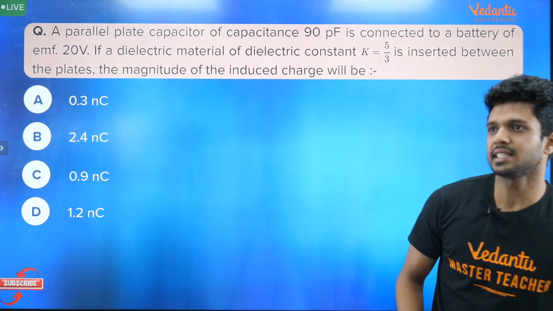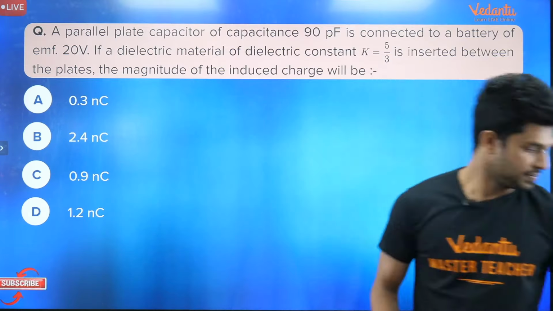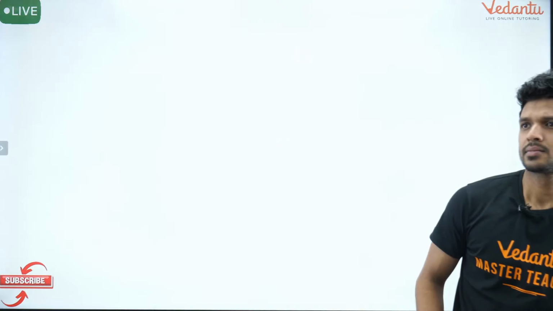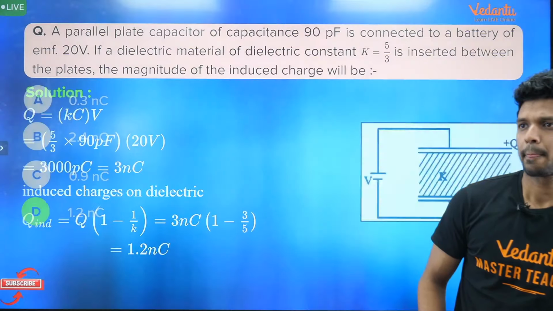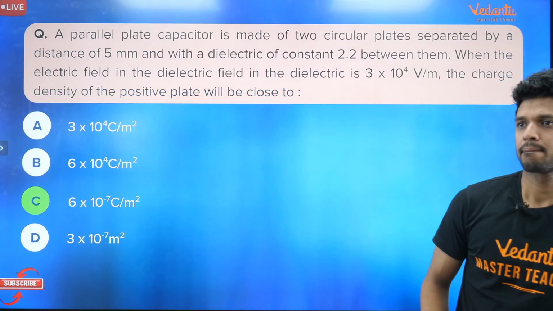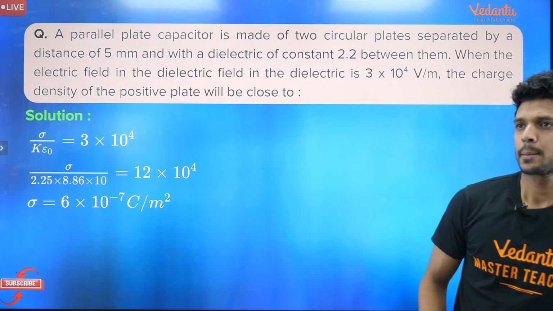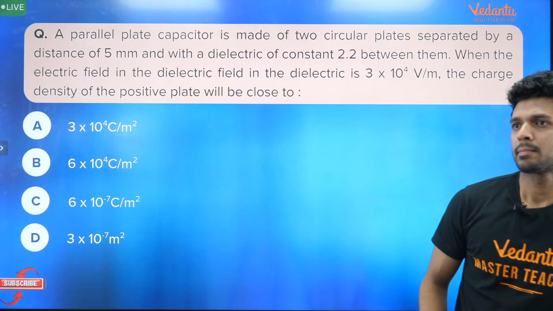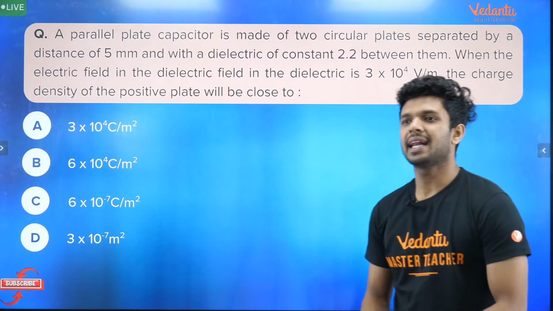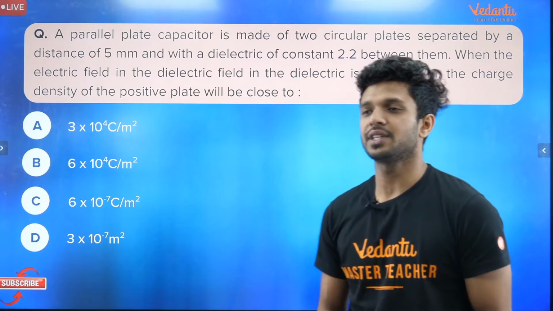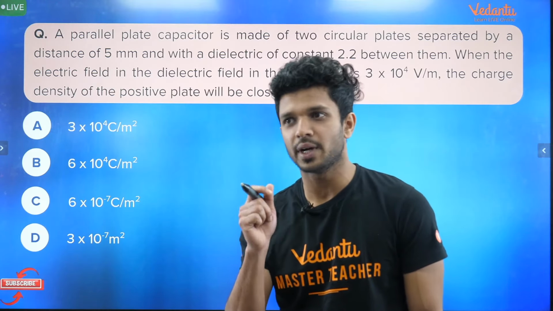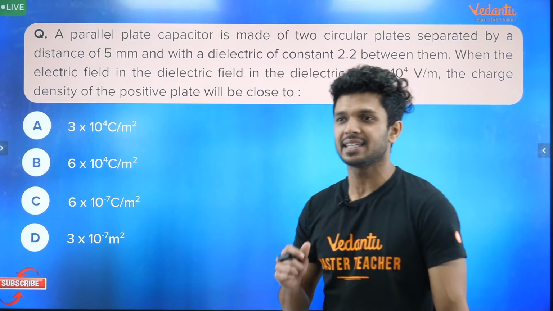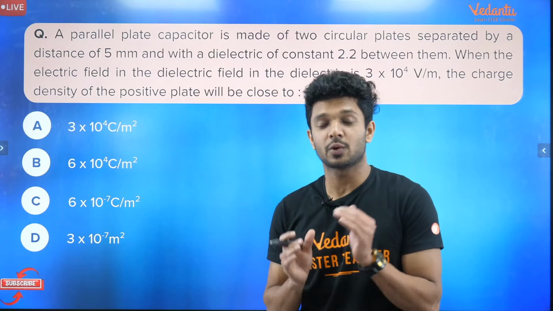So the question is, okay, a parallel plate capacitor. Next question you have. Those who want to do it by themselves can do it and give me the answer. Those who want to listen, please listen to me. I'll make this question very clear to you.